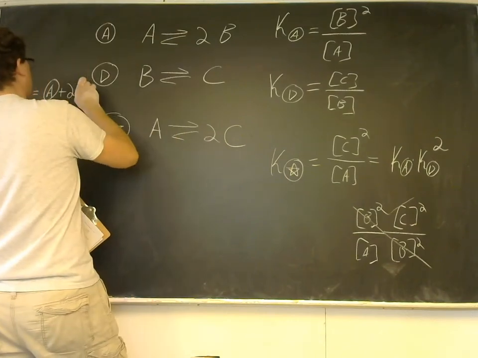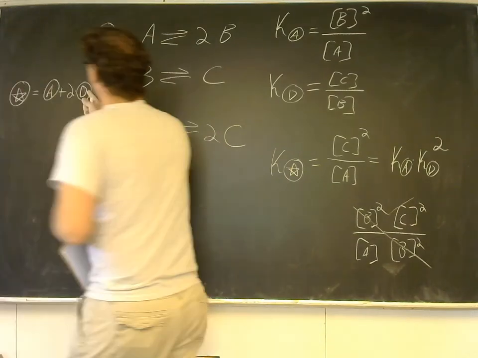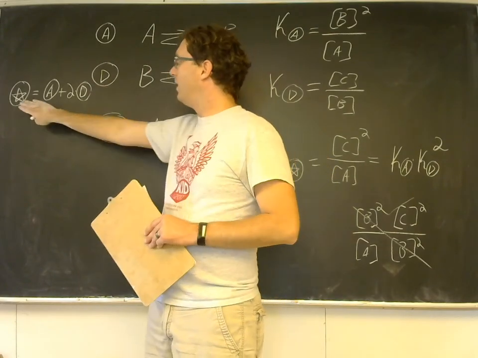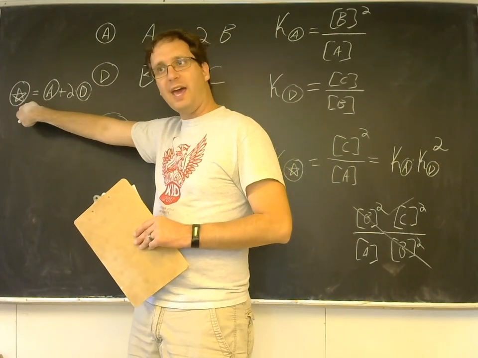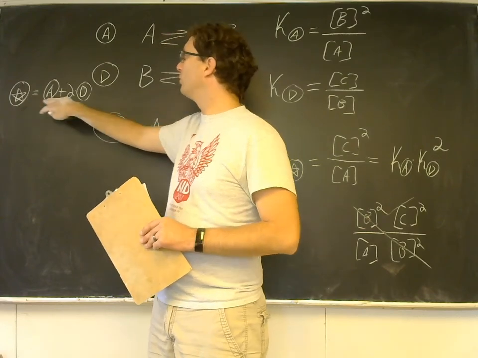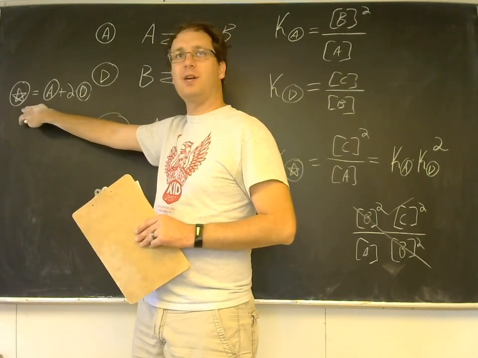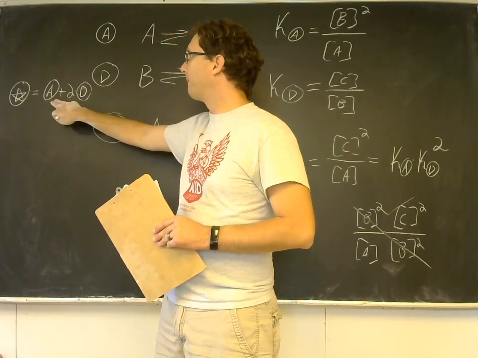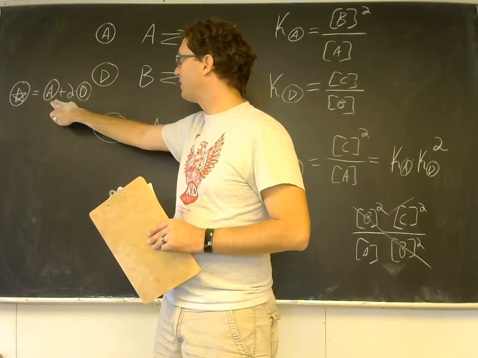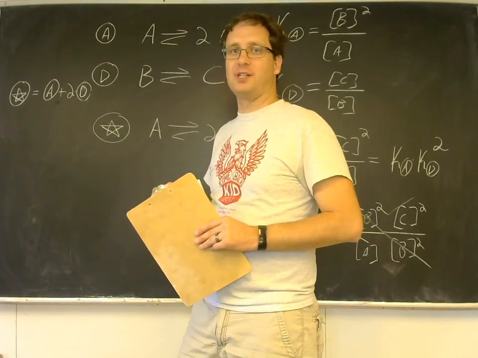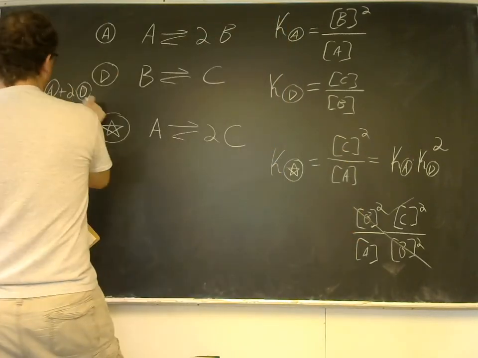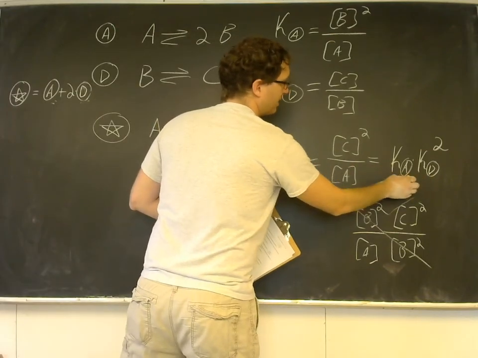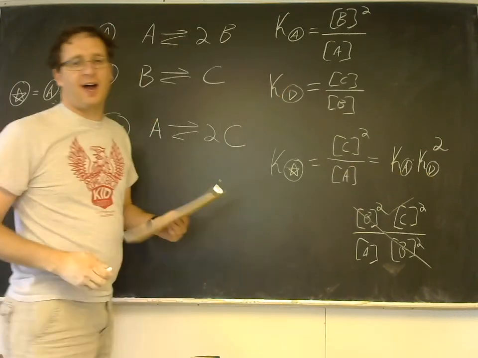And if we come back here to my formula, where I accidentally wrote a B instead of a D, we know that reaction star can be recreated by taking reaction A and 2 times reaction D. So we see that when you add reactions together, their equilibrium constants are multiplied together.